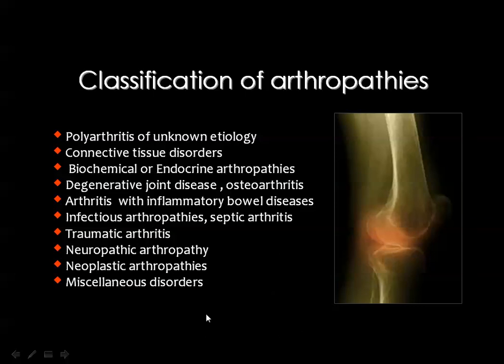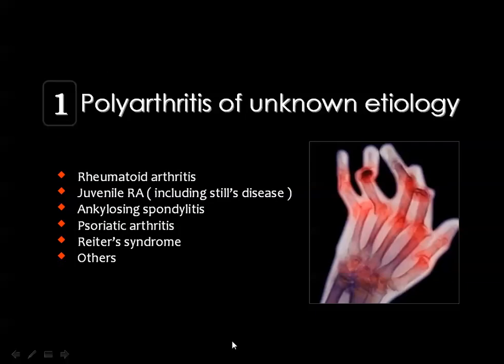Under each of these items, there are a lot of subdivisions, and in cases of polyarthritis of unknown etiology, there are rheumatoid arthritis, juvenile rheumatoid arthritis, including Still's disease, ankylosing spondylitis, psoriatic arthritis, Reiter syndrome, and some other issues.